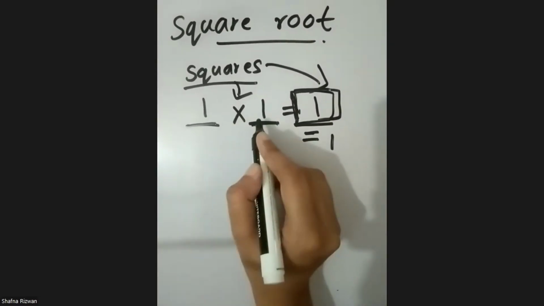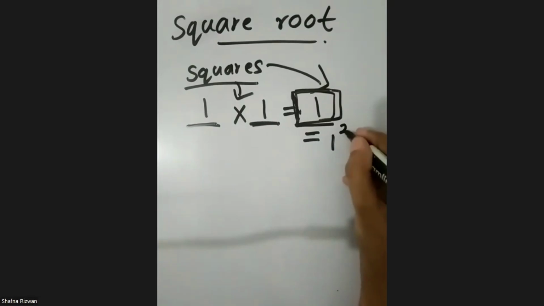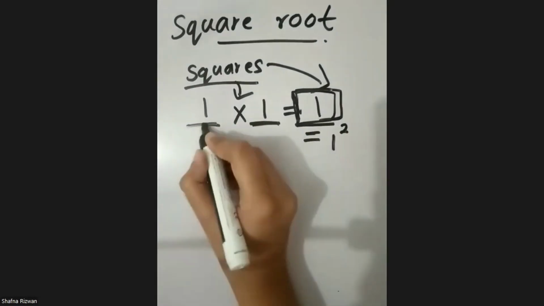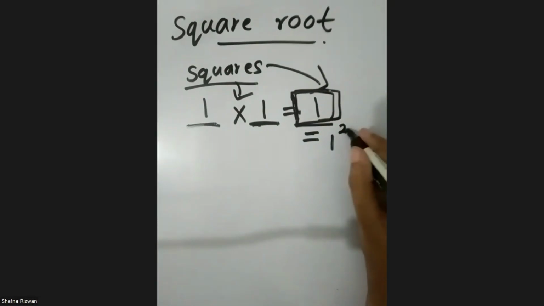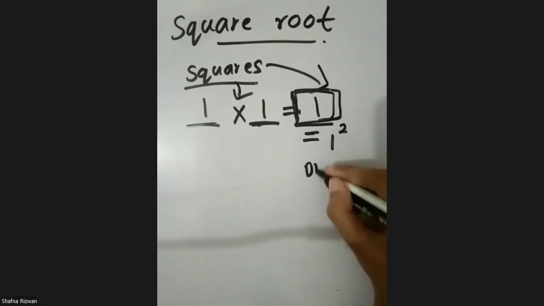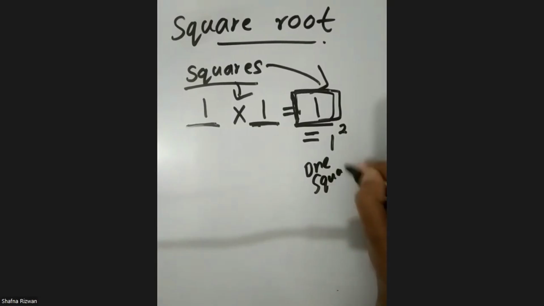That is 2 times, so you write 2 on the top. How do you read this? You read it as 1 squared.